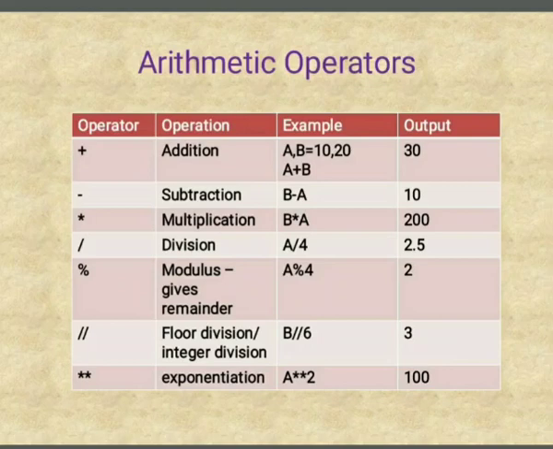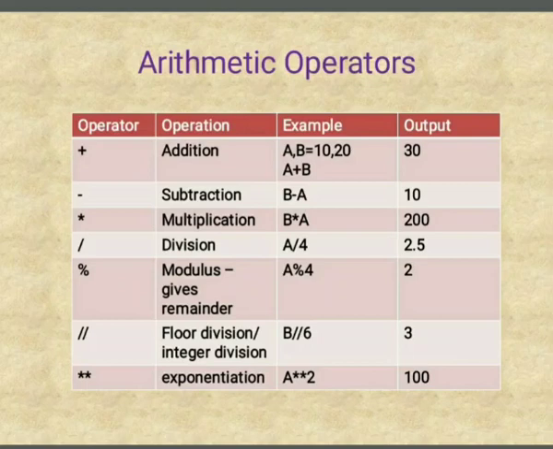Next, double forward slash. We have done the single forward slash, which is for normal decimal division, and the double forward slash is for floor division. It is also known as integer division, and it ignores the decimal values. So when we say b // 6, the value for b is 20, and when we divide 20 by 6, it will come out to be 3 point something.